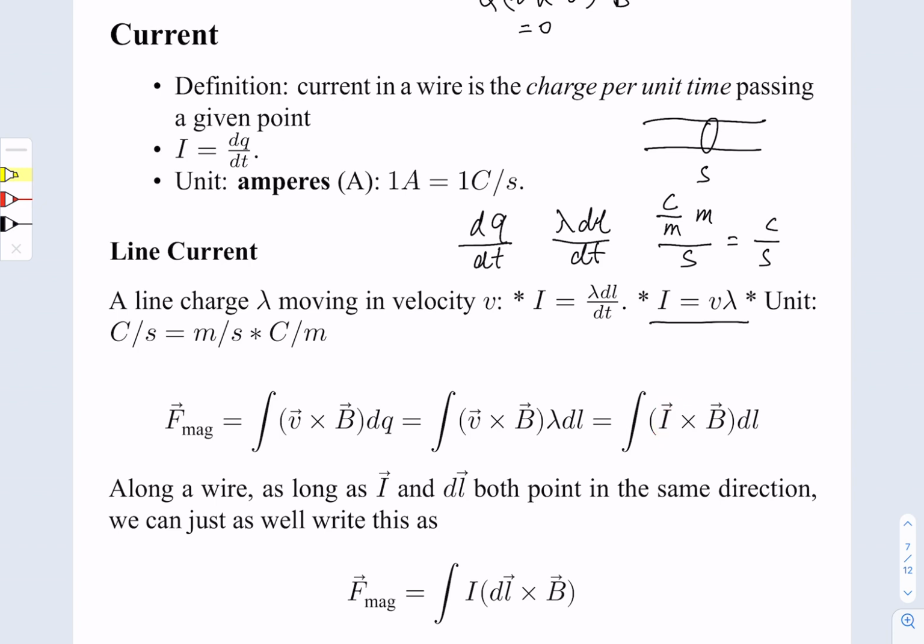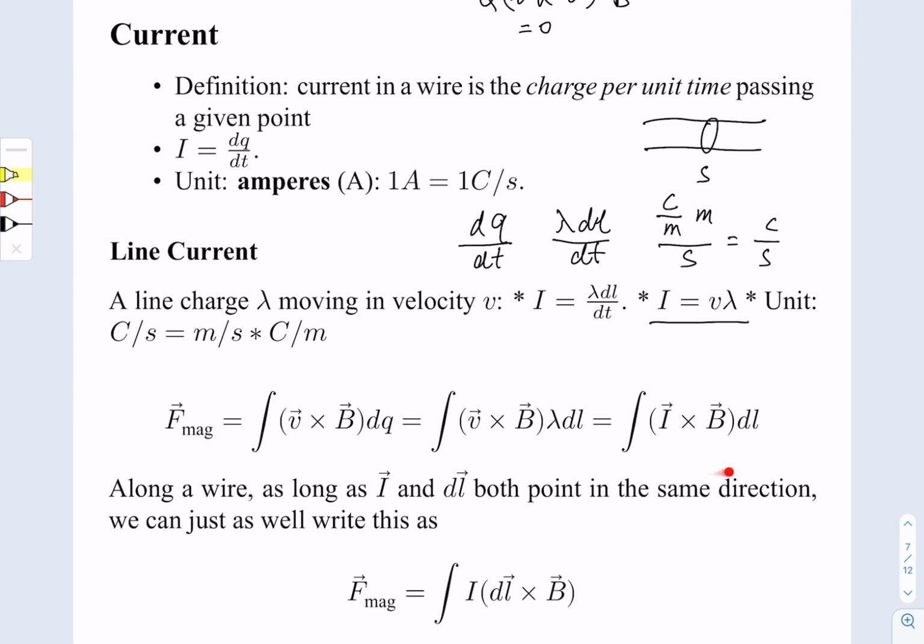So for this linear current, you can arrive at the final magnetic force by I cross B, instead of Q v cross B now.